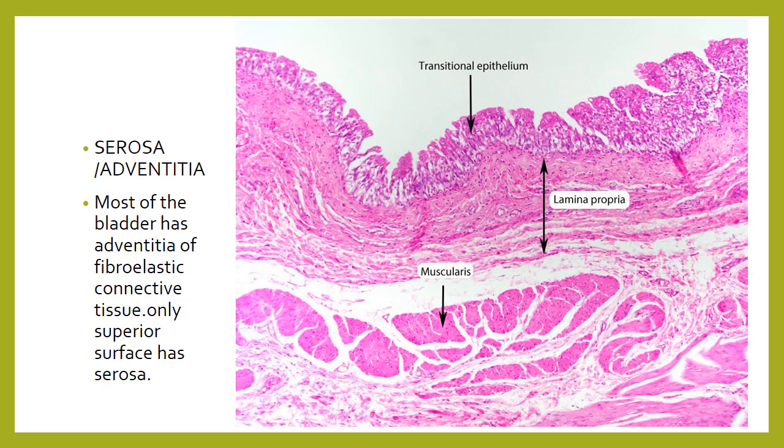Then just below it there is another layer of connective tissue just adjacent to the muscularis layer, which is called the submucosa. Then coming over to the muscularis layer, you can see the inner longitudinal intermingled with the middle circular, showing the complete smooth muscles, and then again the outer longitudinal layer. In this, the adventitia is not shown.